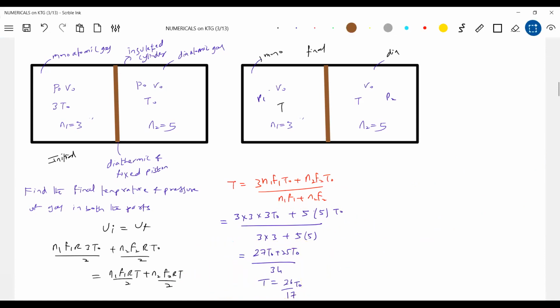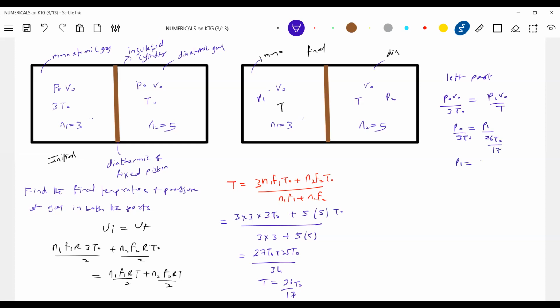Now let's go for the left part, the left chamber. Initially, P naught, V naught, 3 T naught. Finally, P1, V naught, T. What is the temperature? 26 T naught by 17.